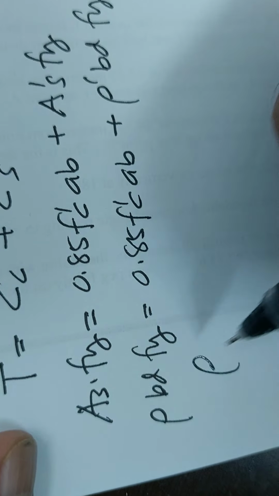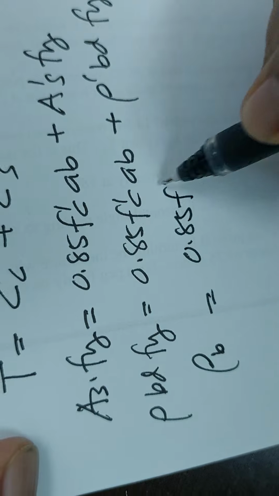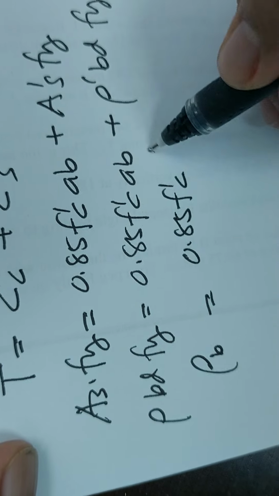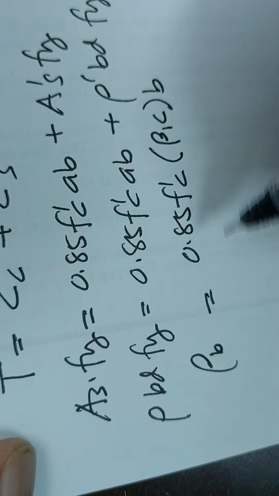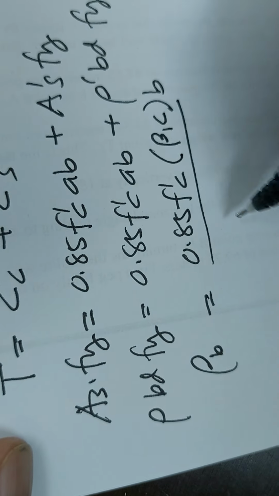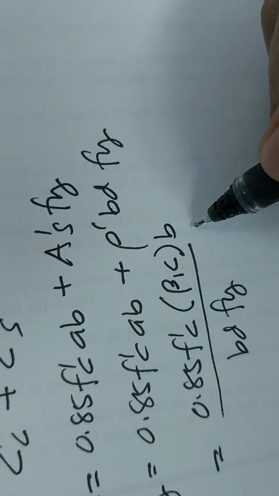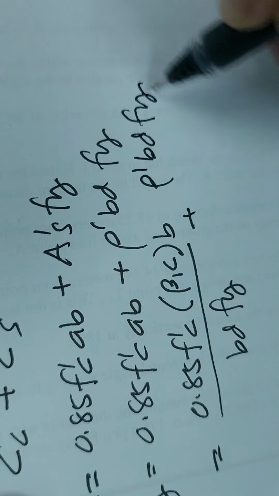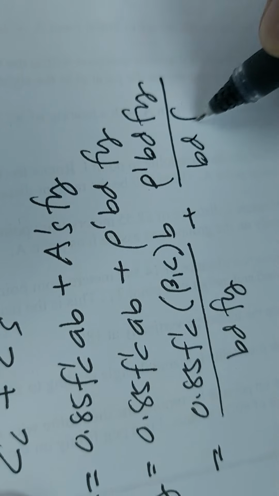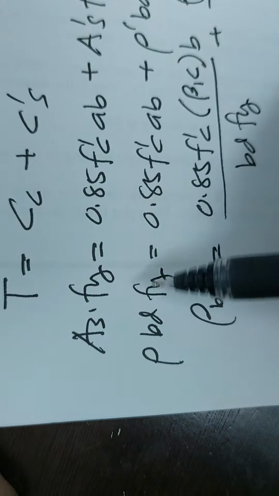Therefore, now rho here as the rho balanced is equal to 0.85 F prime C, but A is already accepted as beta sub 1 times C times B, divided by BD Fy, plus rho prime BD Fy divided by BD Fy. Where does this BD Fy come from? Therefore, it came from here.